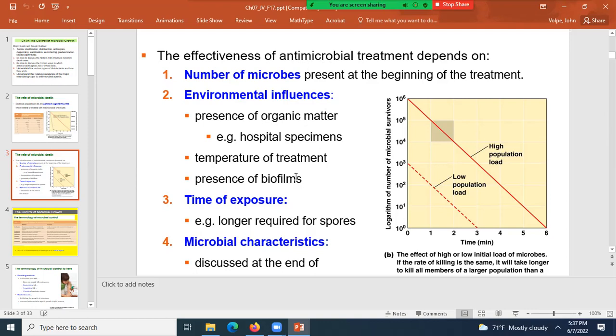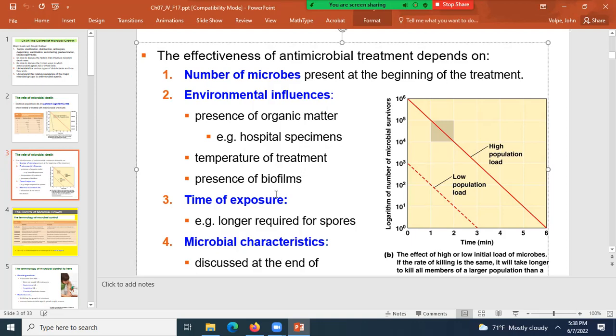The presence of biofilms also affects the effectiveness of the antimicrobial treatment. If the organism makes a biofilm, you'll have a much harder time killing off the species than you would if there's no biofilm. Any question about that?